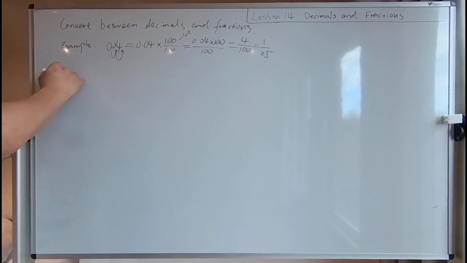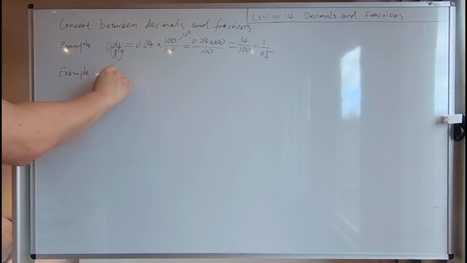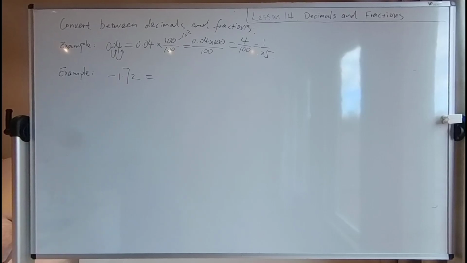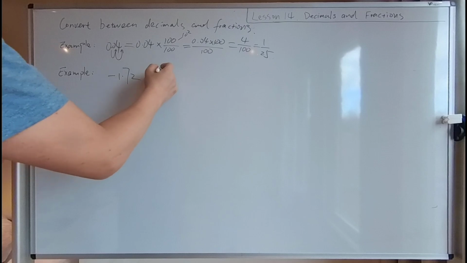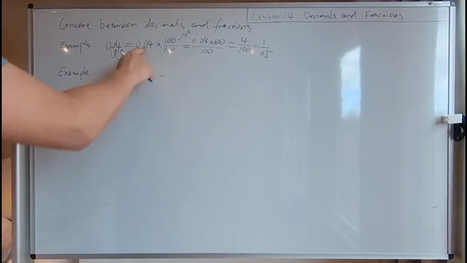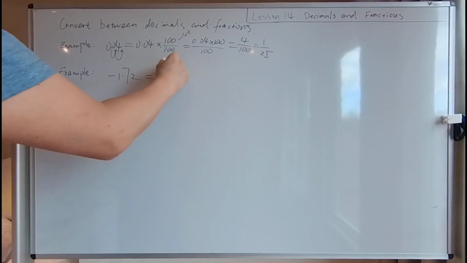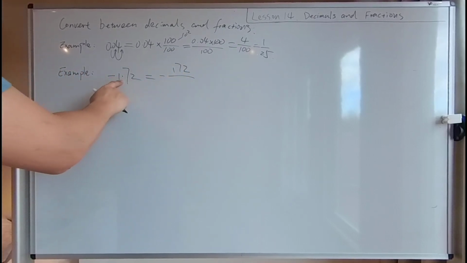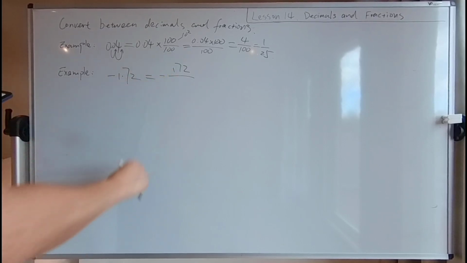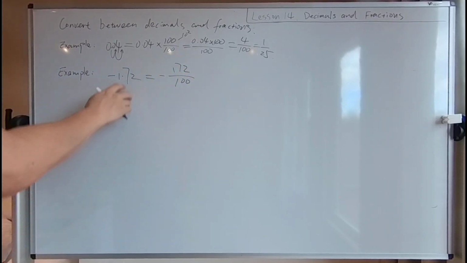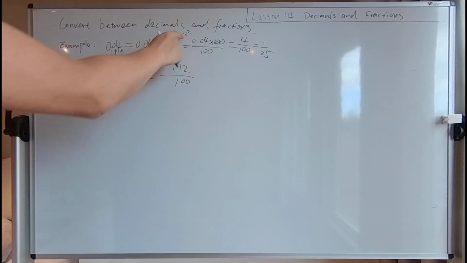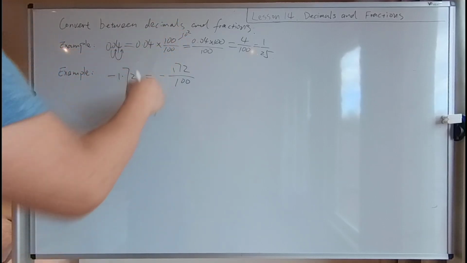This works the same way for negative numbers. Assume that we have a negative decimal, negative 1.72. In this case, I'm going to write it a bit faster. I can keep the minus sign outside, in the front, first. Then I have 2 decimal digits. So in order to convert this 1.72 into 172, I need to move 2 digits, which means I need a 10 squared, and that is equivalent to 100.